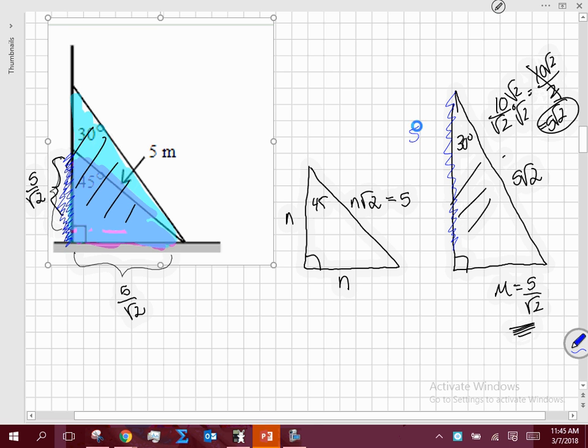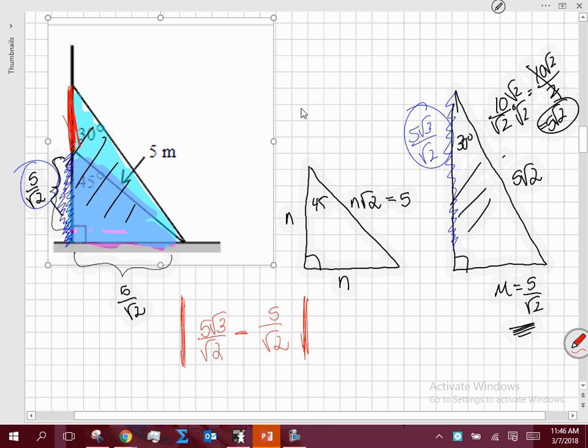So I'm going to write this as 5 radical 3 over radical 2, okay? Those two distances, if I do what with them, will give me that red distance that I'm looking for. I have to subtract them. Which one's going to be bigger? 5 radical 3 over radical 2 minus then 5 over radical 2. If you can't determine which one's bigger, but you know they're asking for a distance, just subtract them and take the absolute value, right? And I'll give you a positive distance.